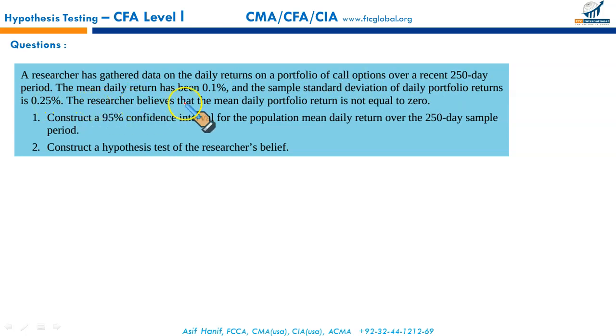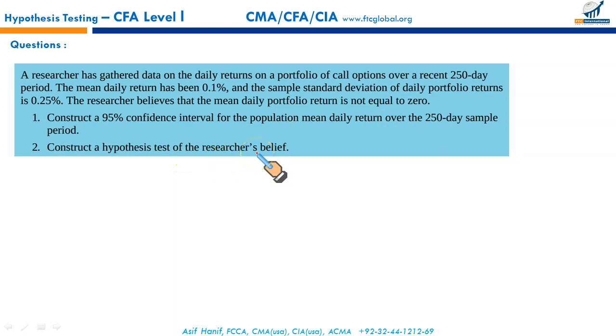The researcher believes that the mean daily portfolio return is not equal to 0. Okay. Now first, construct a 95% confidence interval for the population mean daily return over the 250-day sample period, and then later construct a hypothesis test for the researcher's belief.